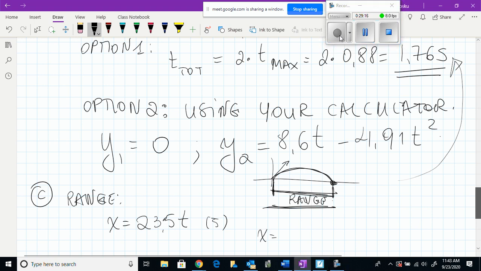So then the range X will be equal to 23.5 times 1.76, and 23.5 times 1.76 is 41.4 meters. This is how far the object will go from the point that you throw it until it hits the ground for the first time. Do you have questions on this?